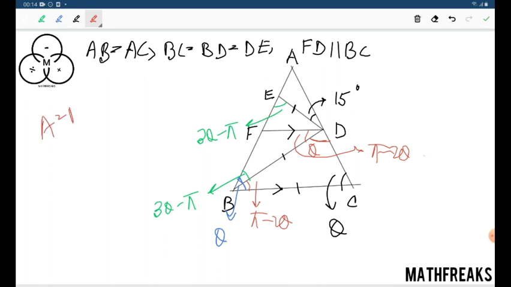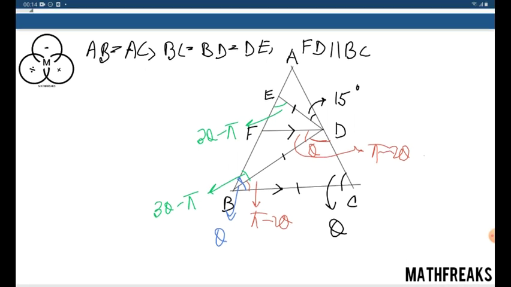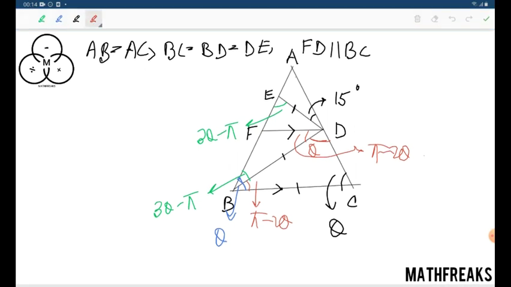Angle A is simply pi minus theta minus theta. This stands for angle B, this stands for angle C. So you got a very good relation between all. This angle A is also pi minus 2 theta.